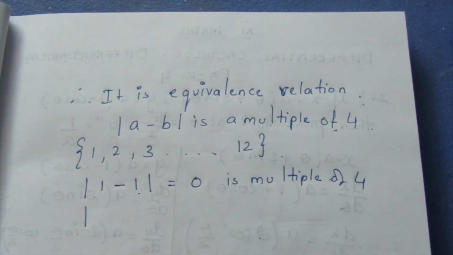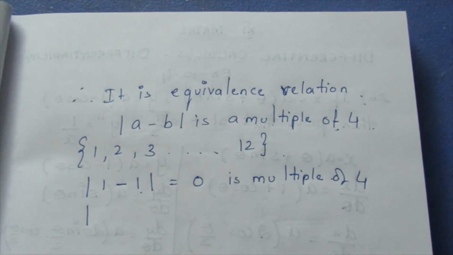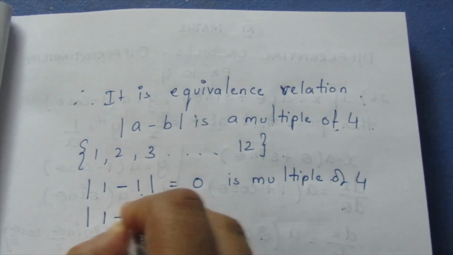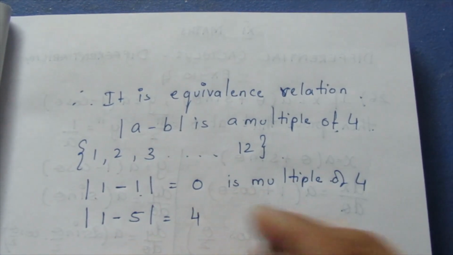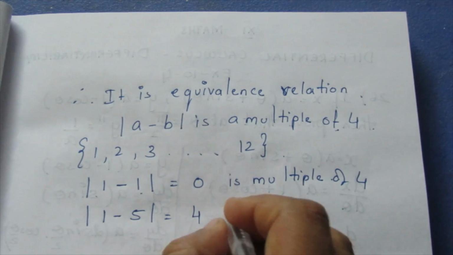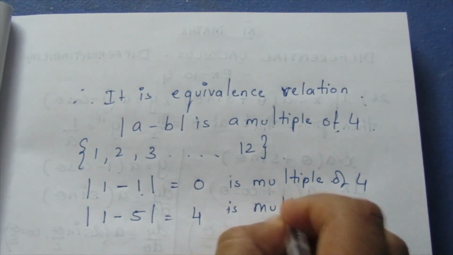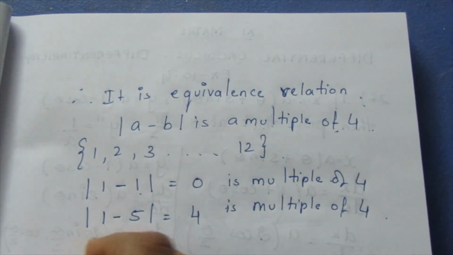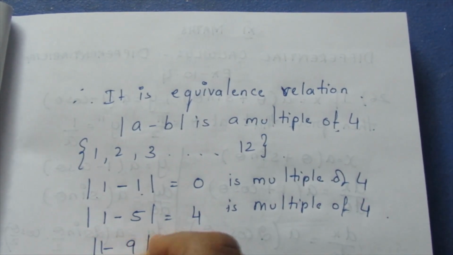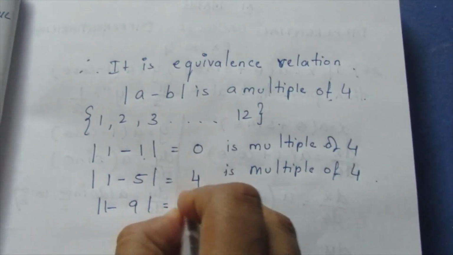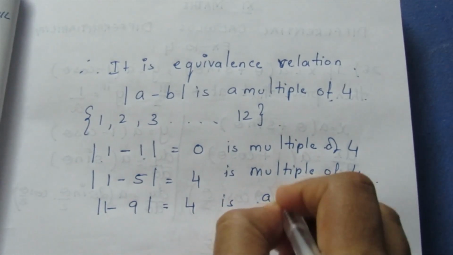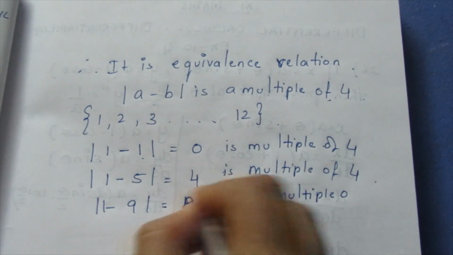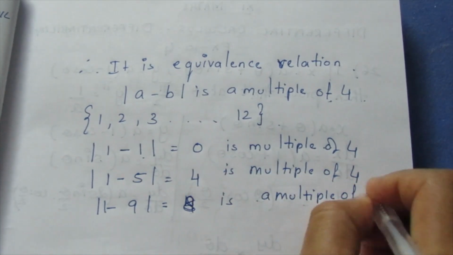Now the other numbers are 1 minus 5 is 4, or 5 minus 1 is 4. Even that is a multiple of 4. Next one, 1 minus 9 is 8. Sorry, it is 8. It's a multiple of 4.